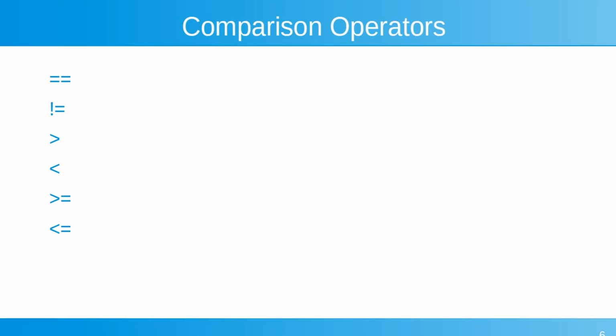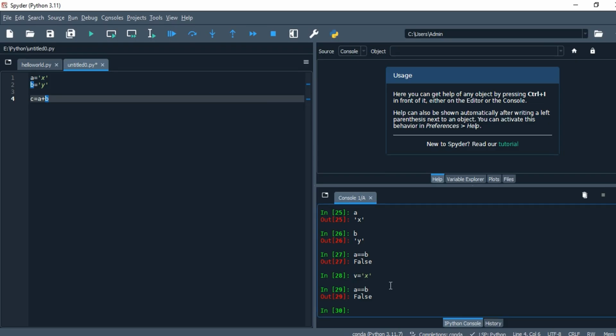Okay, so not equal to is again the opposite of equal to, right? So a != b means if a and b do not have the same value, it will return true. See, it is returning true because a's value is different from b.